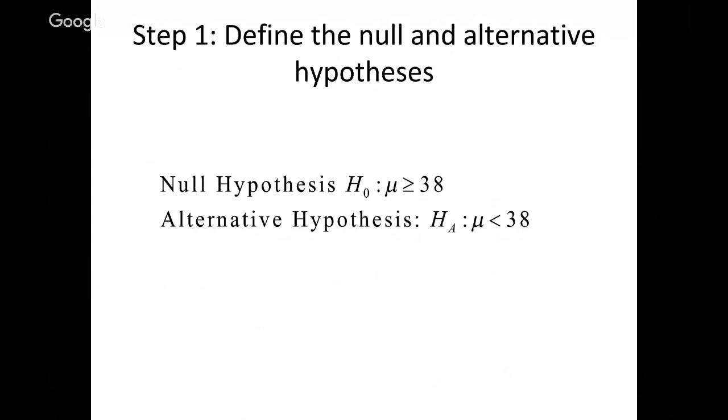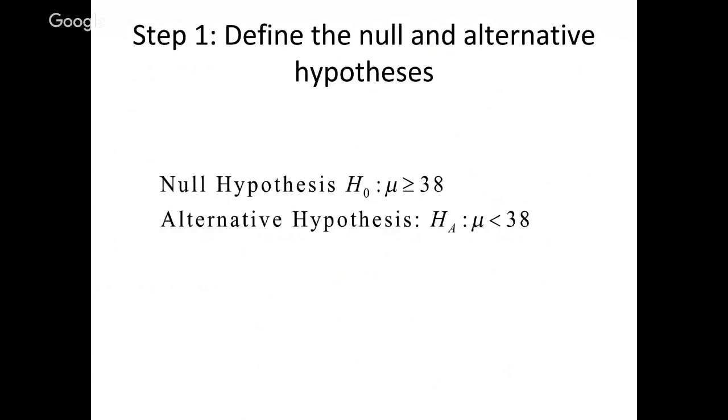In this case, the null hypothesis, H0, is that the population mean of the yield strength for rebars is greater than or equal to 38. You can basically say this is equal to 38, but the reason that we're including the greater than here is that if the population yield strength is greater than 38 psi, we don't really care. That means that the rebar is strong enough, and so we're not going to reject the lot.